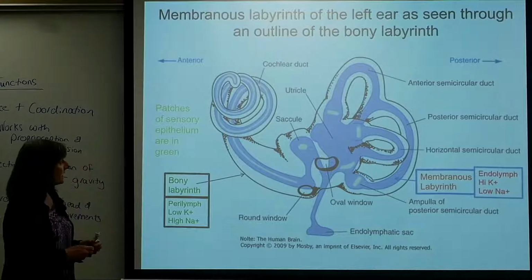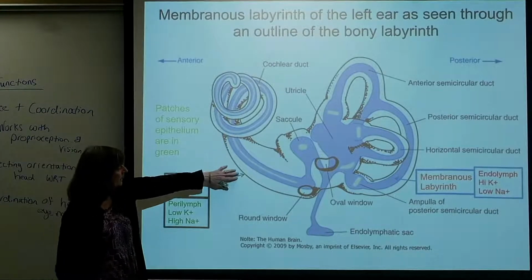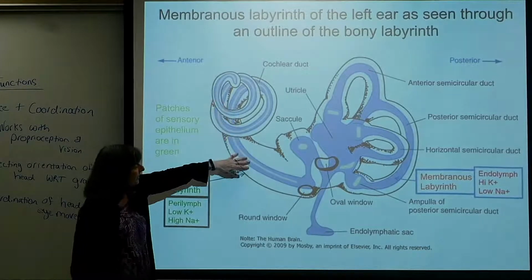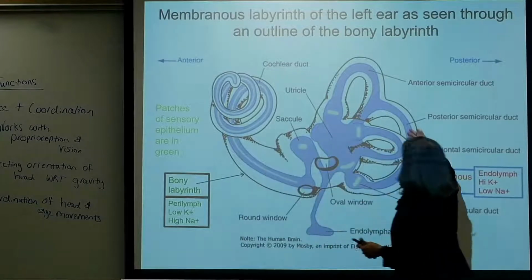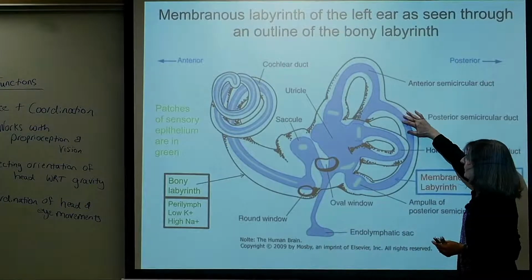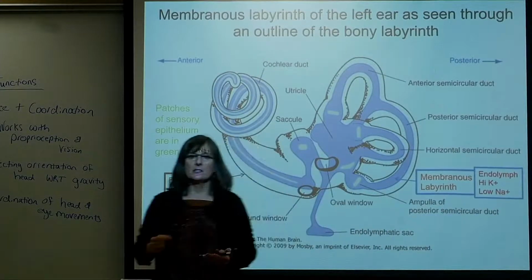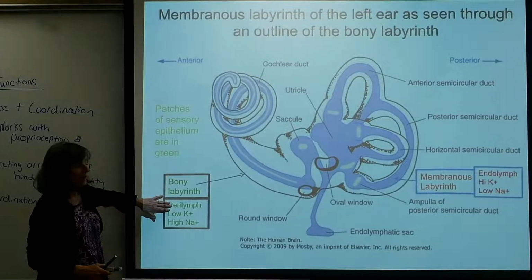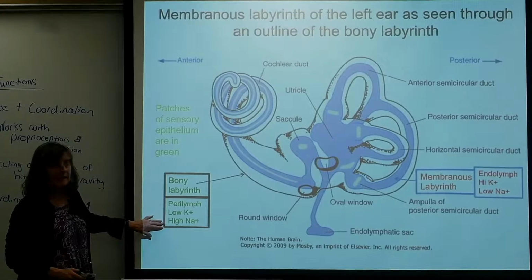In this diagram, the black part on the outside represents our bony labyrinth, and the purple with the green splotches is our membranous labyrinth. The first thing we need to understand is that there are different fluids within each of these compartments. Within the bony labyrinth we have perilymph, which is low in potassium and high in sodium.